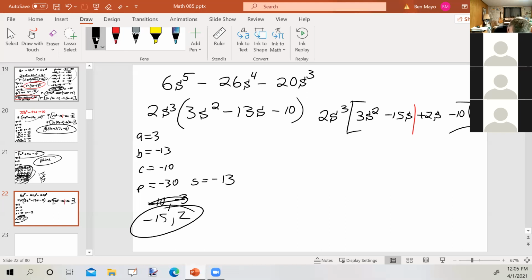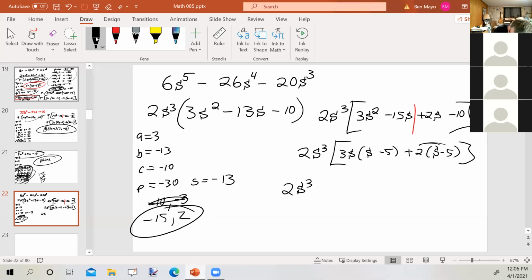We've got 2s cubed... greatest common factor, 3s times s minus 5. So this is s minus 5, and outside we're going to have a plus 2. That's going to give me 2s minus 10. So I've got s minus 5, 3s plus 2.